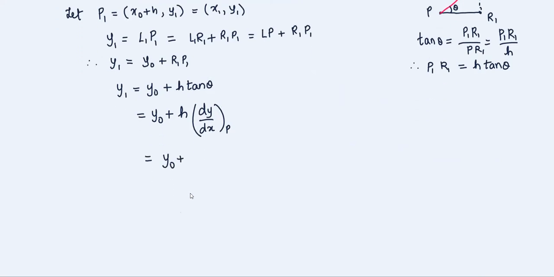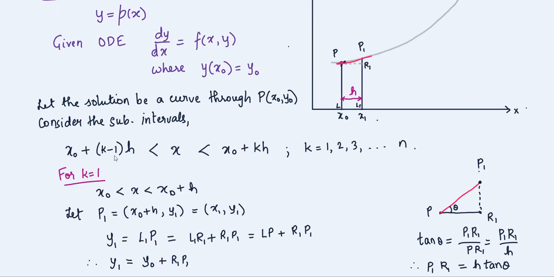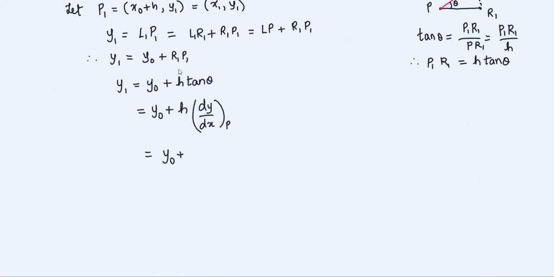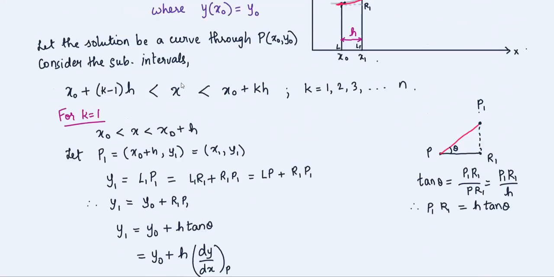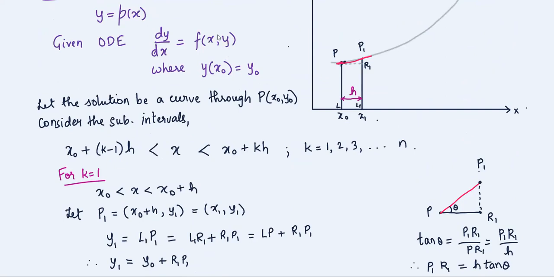Now what is dy by dx? Go back to our original differential equation. dy by dx is f of x comma y. It is some relation between y and x, because the differential equation can contain the dependent variable and the independent variable. On the right-hand side of dy by dx, we get some combination of x and y.